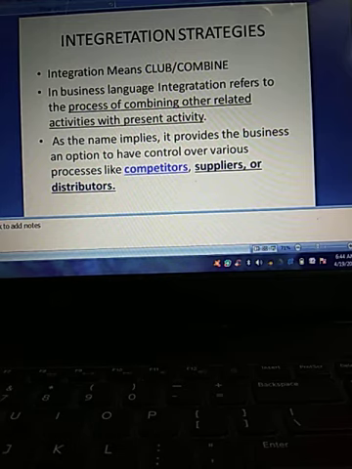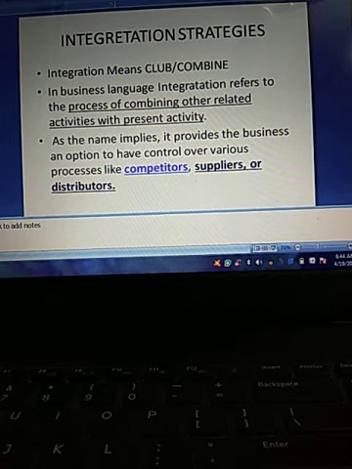There are two types of integration strategies: one is called horizontal integration and the other is called vertical integration. So what is integration? A mixing up of the strategies of various companies.